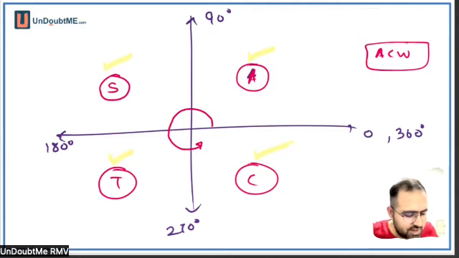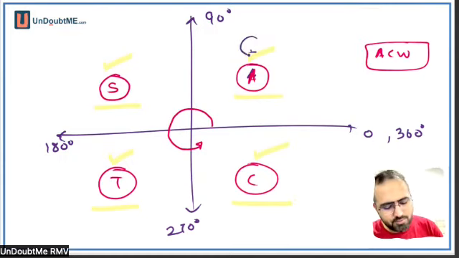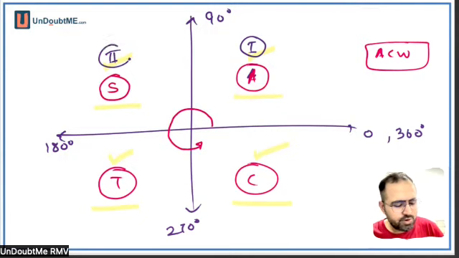He suggested that after science, take commerce. I liked it, so I have started using it. Whichever way you would like to learn it, it is your choice. But you should know that first quadrant belongs to everyone, means all trig ratios will be positive. Second belongs to only sine. Third belongs to tan. And fourth belongs to cos.